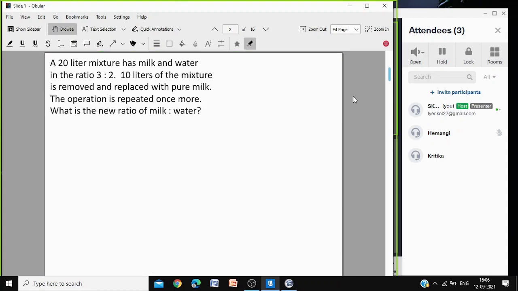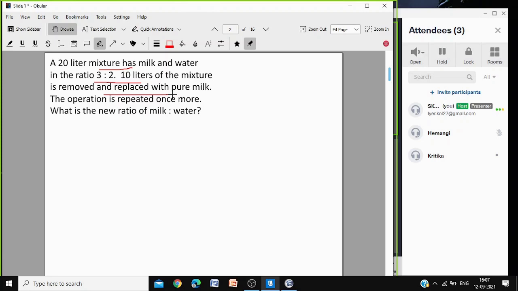A 20-liter mixture has milk and water in the ratio 3:2. 10 liters of the mixture will be withdrawn and replaced with pure milk. Each time you are removing the mixture, it will contain both milk and water.